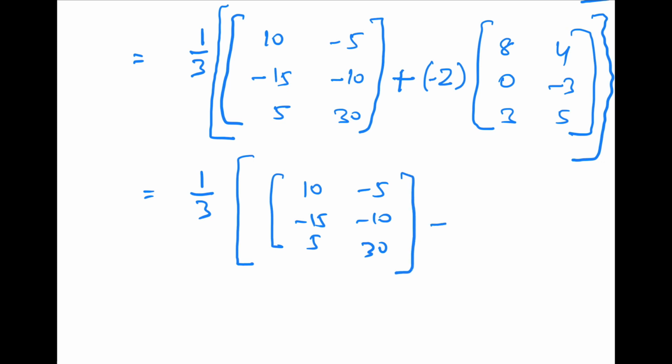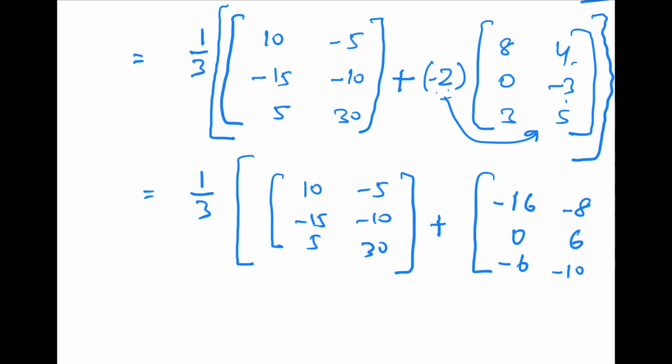Plus, minus 2 is multiplied by every element, minus 16, 0, minus 6, and 2, minus 2 into 4, minus 8, 6, minus 2 into minus 3, 6, minus 2 into 5, minus 10.